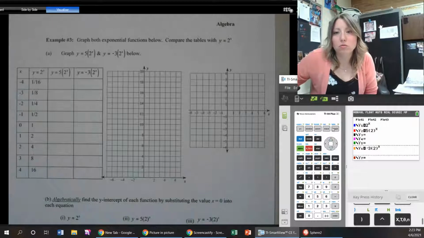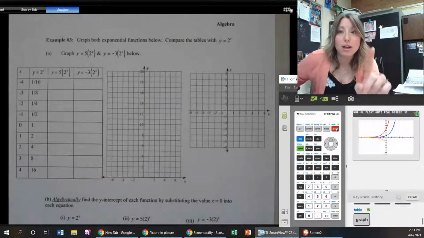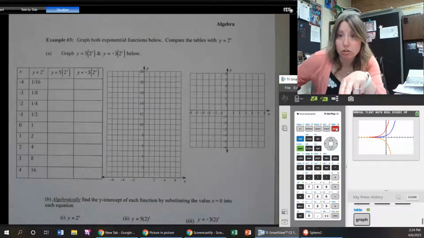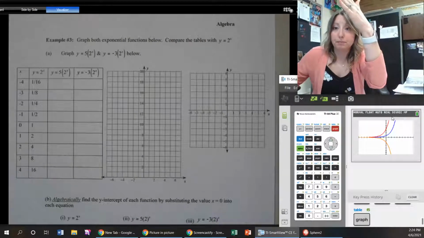So now I press graph to see my original blue, now my red, what movement happened, now my orange, what movement happened. Let's think. Did my asymptote change with any of these? No. This one, the y-intercept changed, and so it's a more rapid increase.